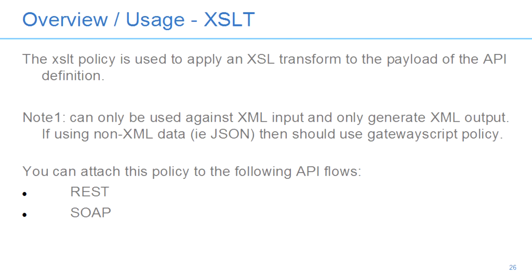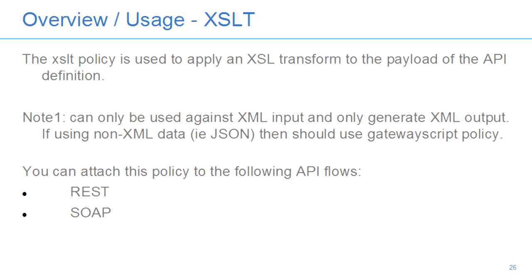One of the other policies is new, very similar to the gateway script policy that William mentioned earlier, and that is the XSLT policy. The XSLT policy allows you to inline some XSLT and get that called as part of the flow of your API.